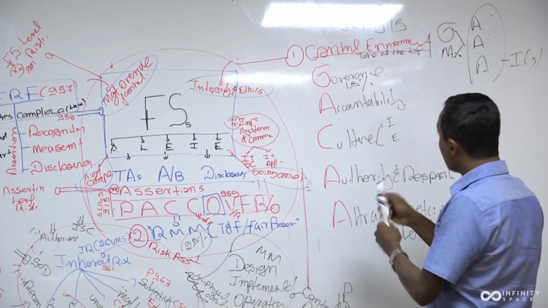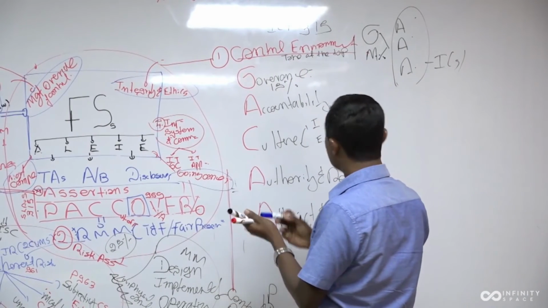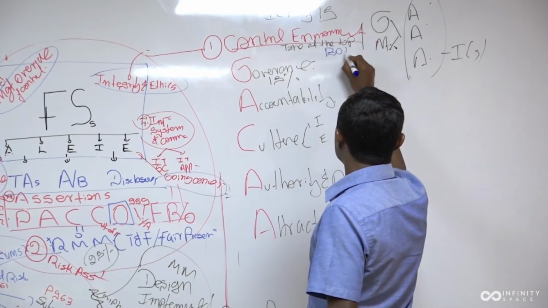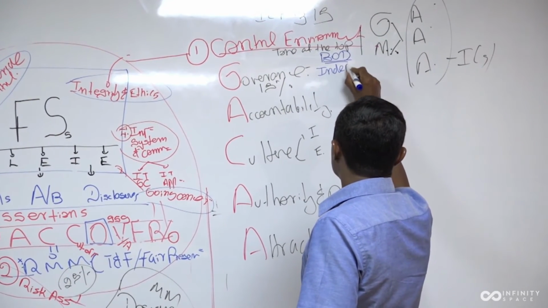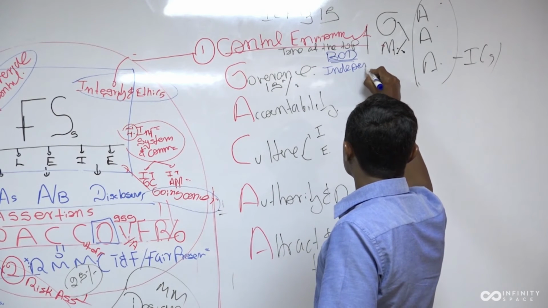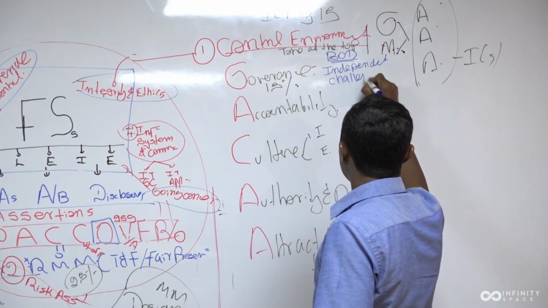Remember, governance here means the board. We'll use another color. You can also write some sub points. Governance is to say whether the board of directors are actually independent. We are talking about accounts, say the audit committee, for example. Are they independent? Are they challenging the management?